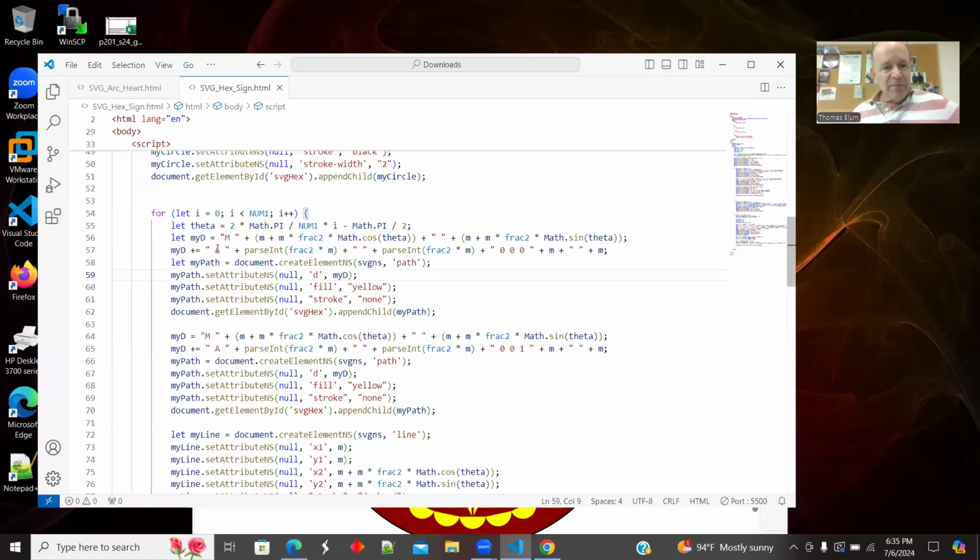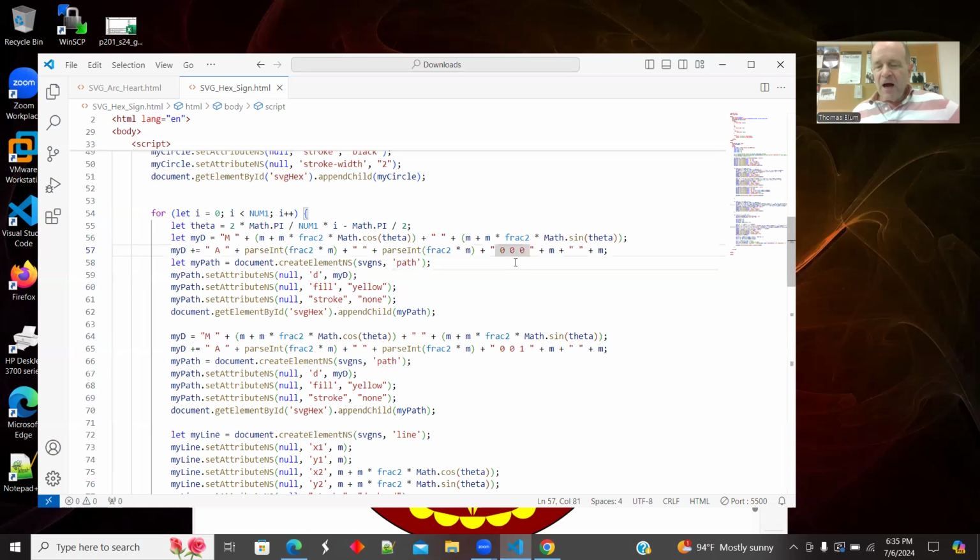And then I'm going to make an arc that has that frac 2 times M. That's going to be the radius of a circle for an arc, and arcs in general are ellipses. So I have that the two radii are the same.